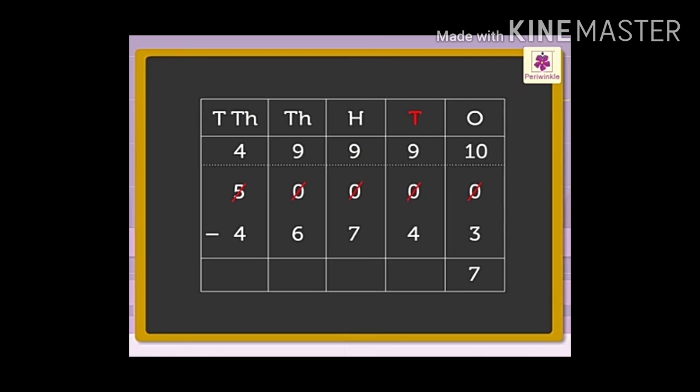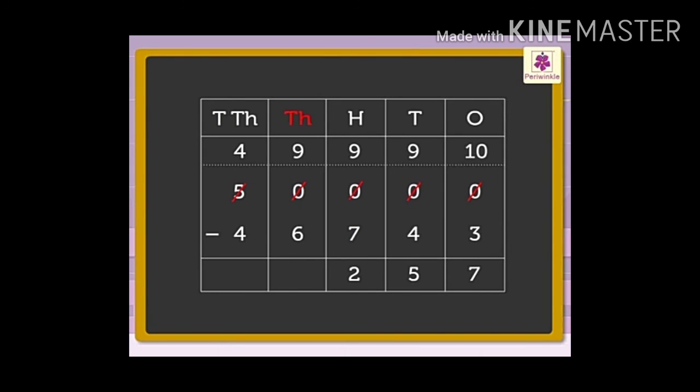Now tens place. 9 minus 4. What will be the answer? 5. Very good. Next comes the hundreds place. 9 minus 7. What is the answer? Yes, 2 is the answer.